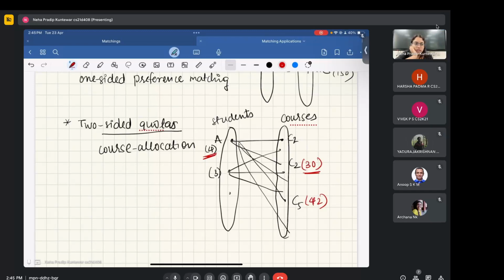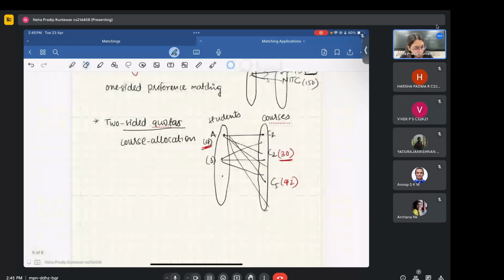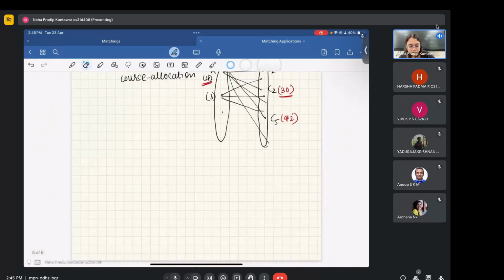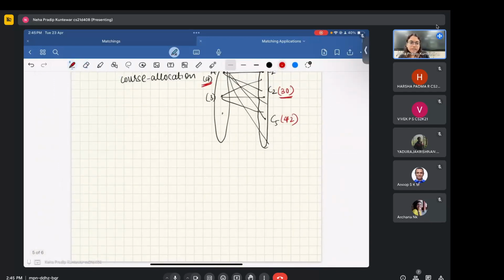Yes. Okay, so I'll take one example where these two-sided preferences occur.